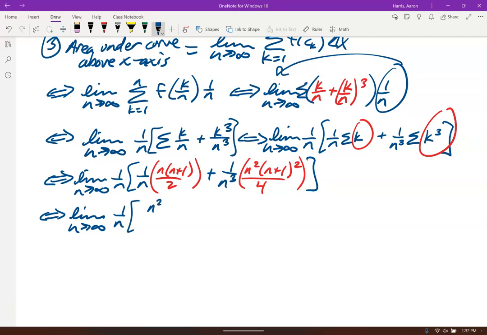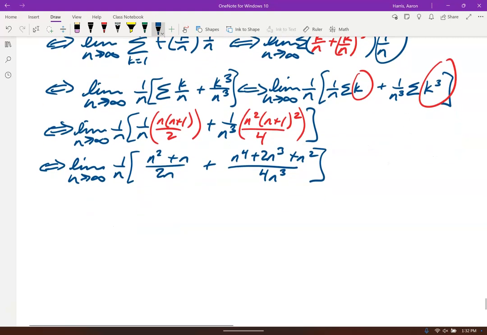So you got n squared plus n all over 2n plus, let's see, that'll be n squared times n squared plus 2n plus 1. So that'll be n to the 4th plus 2n cubed plus n squared all over 4n cubed. Let me take the 1 over n through out front.